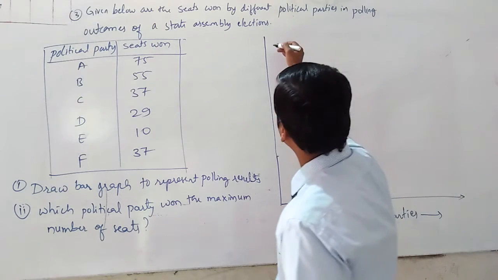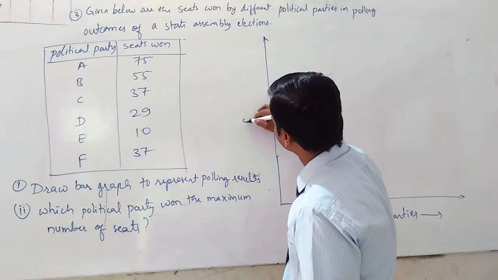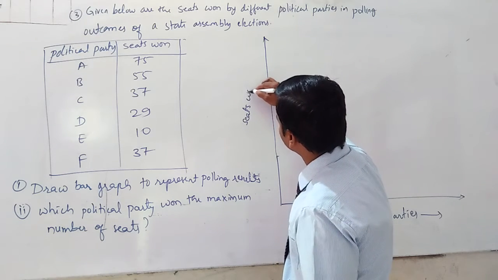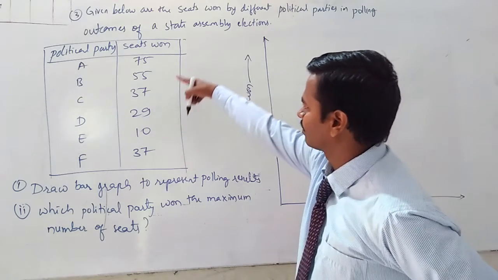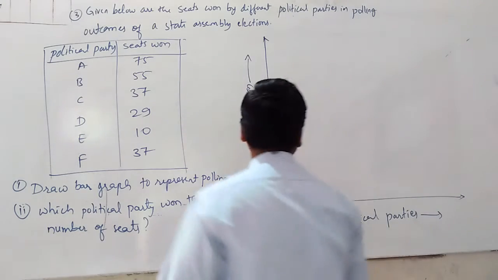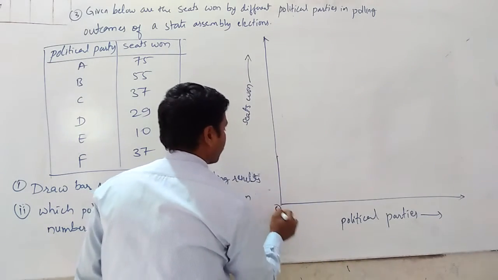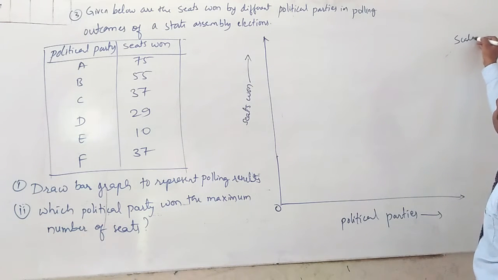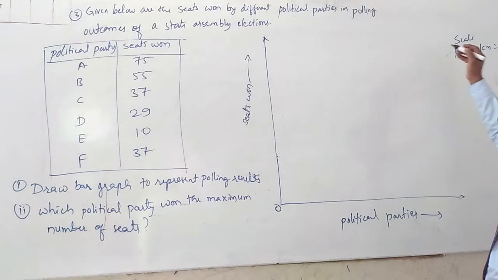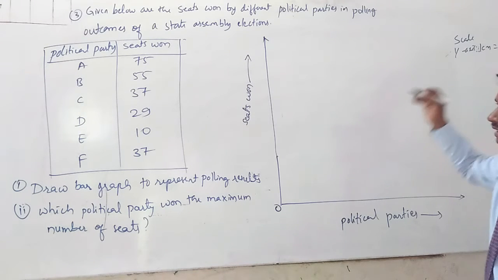On the y-axis we can take the number of seats won. Here the lowest value is 10 and the highest value is 75. Therefore, we can take the scale on the y-axis as 1 centimeter equal to 10 seats.